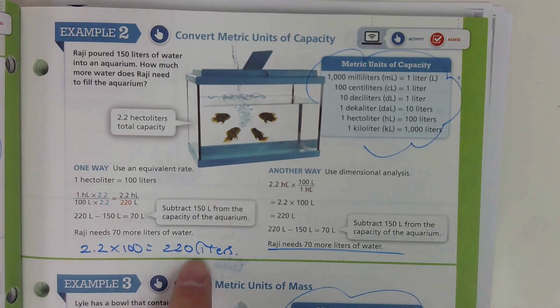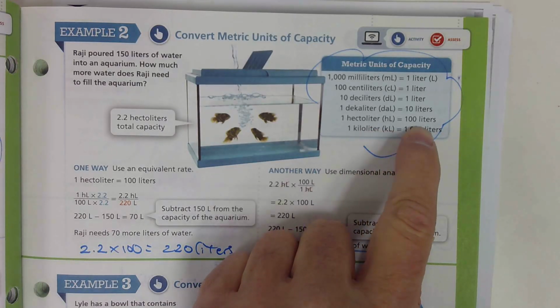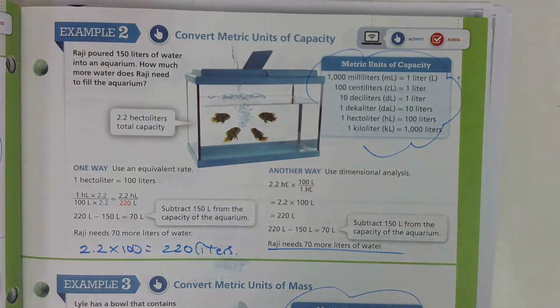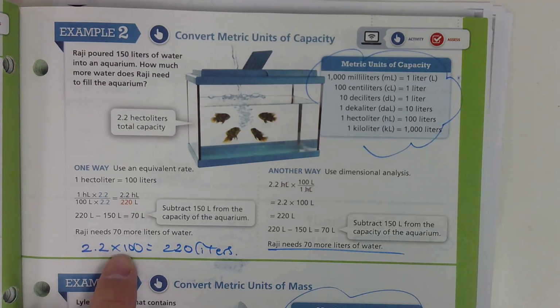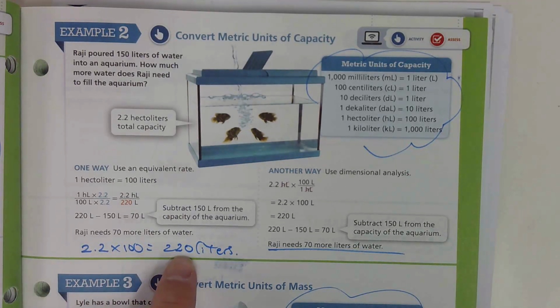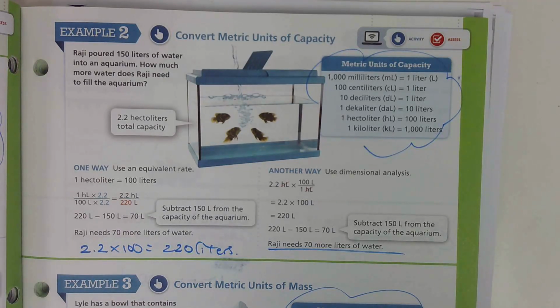But hectoliter to liters. So it looks like 1 hectoliter is 100 liters. So I'm just going to do 2.2 times 100, which equals 220 liters. That's the capacity.